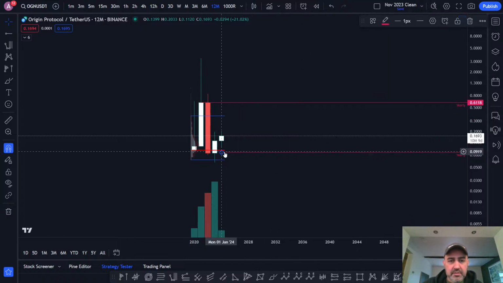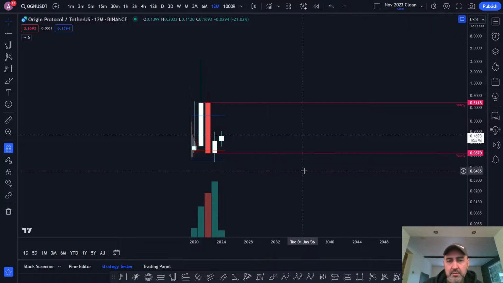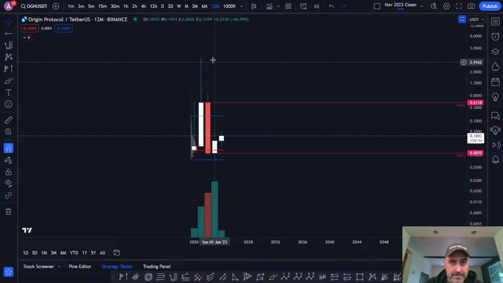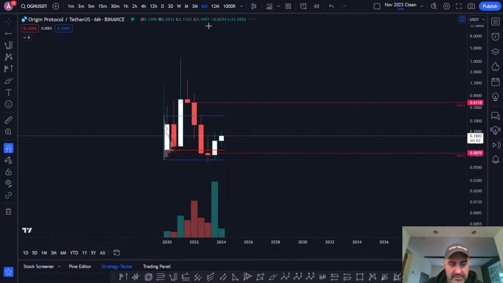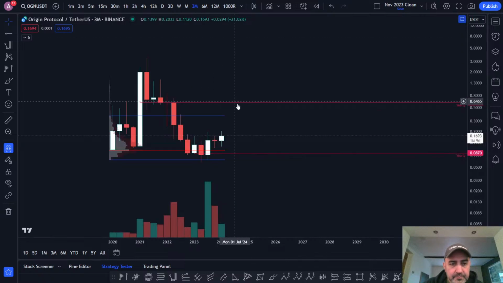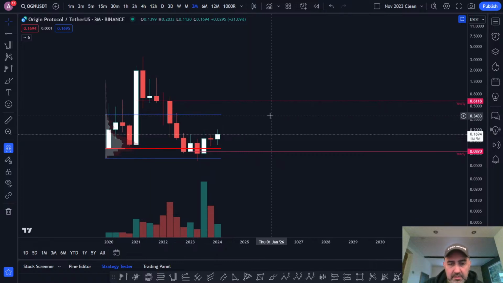Let's get these levels in. Two significant levels. These yearly levels. See where they correspond. There's a big level up there. Big level down here.